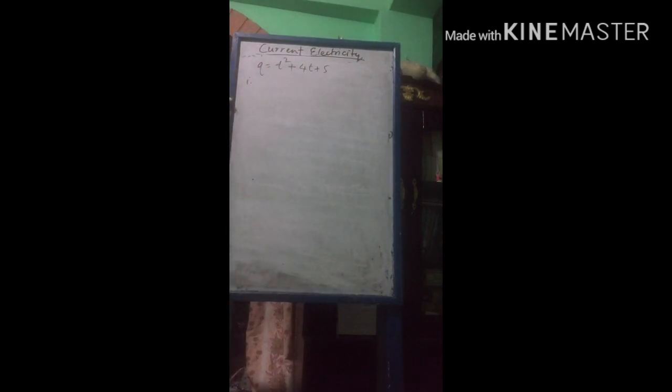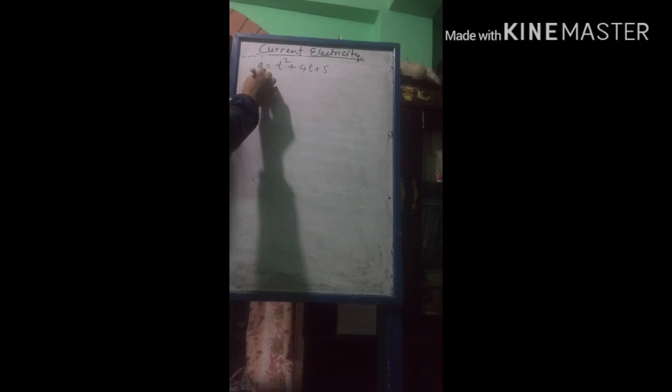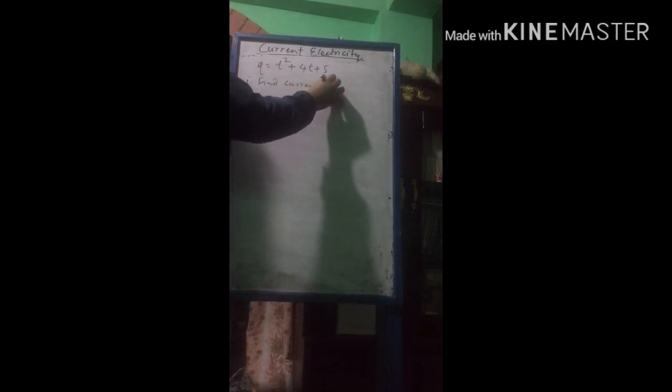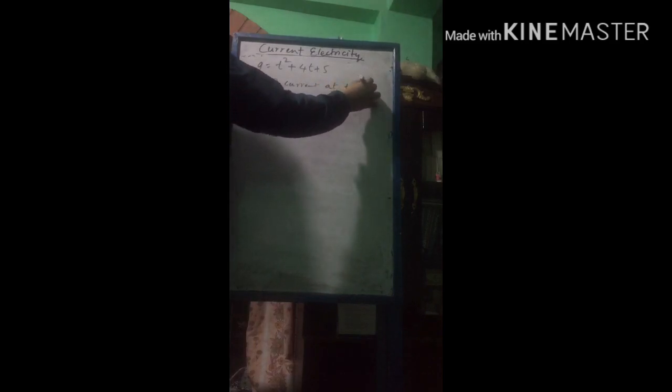So let me write one question. If Q equals t square plus 4t plus 5, where Q is the charge, then first find the current at t equals 2 seconds.